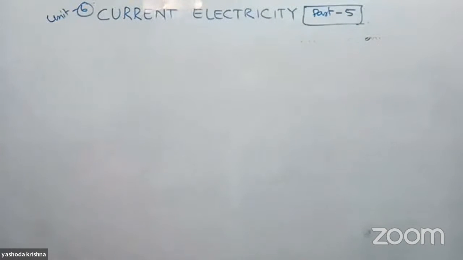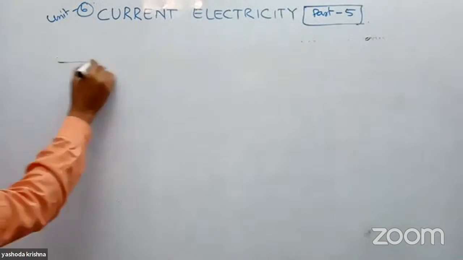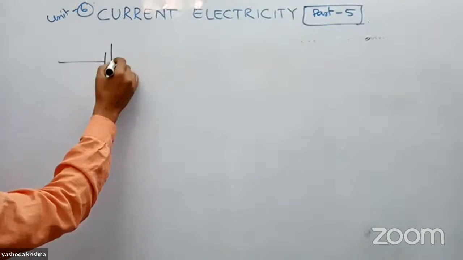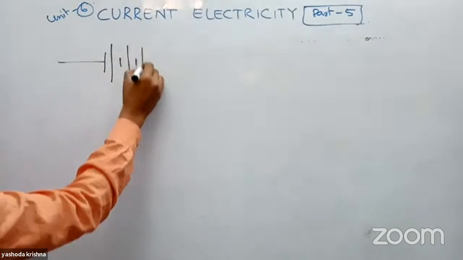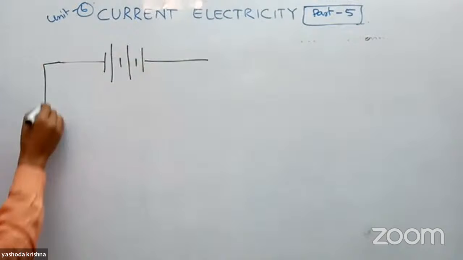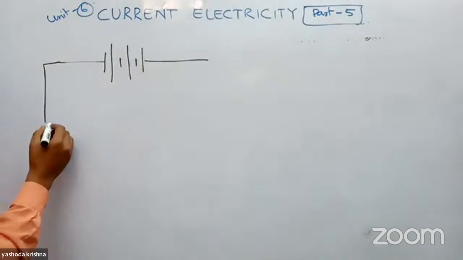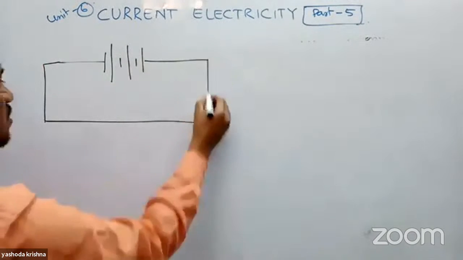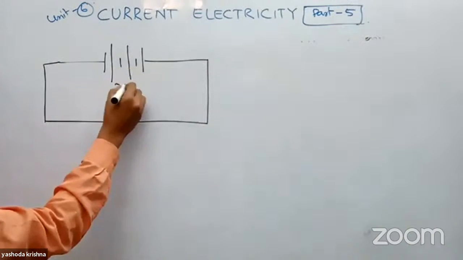This is the battery, connected in the primary circuit. It is 20 volts.